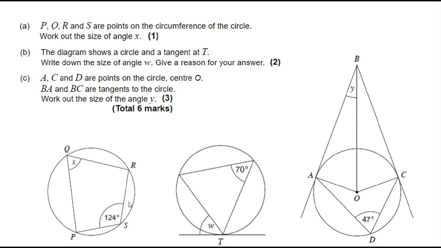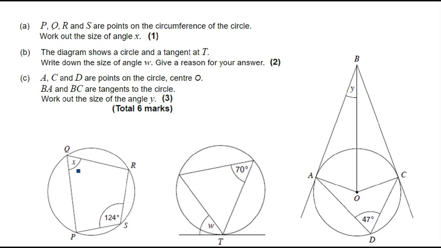So for part A, we've got P, Q, R and S points on the circumference of a circle, so we've got a quadrilateral. We've got to work out the size of angle X, and it's only worth 1 mark. All right, well, angle X is opposite this angle here, PSR.